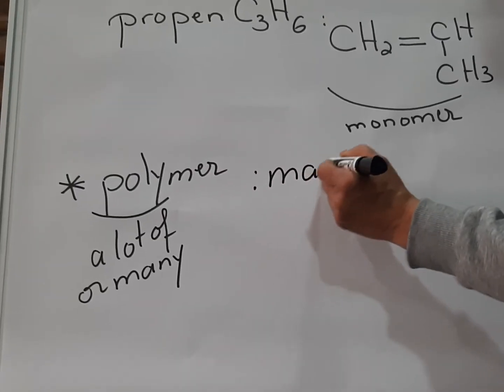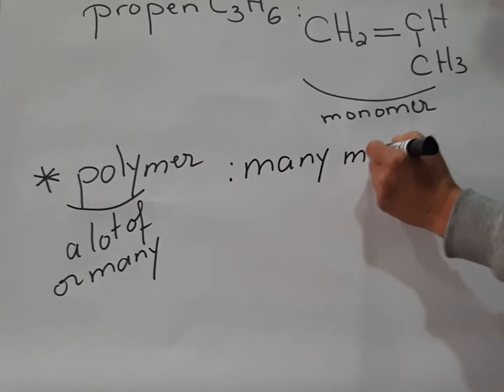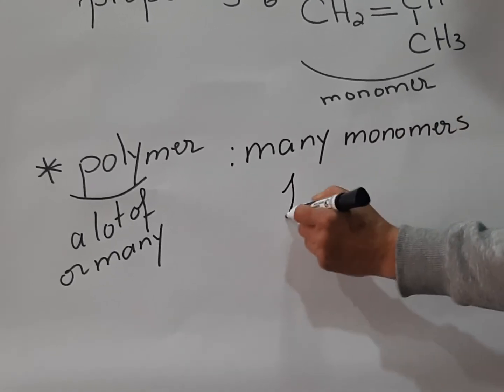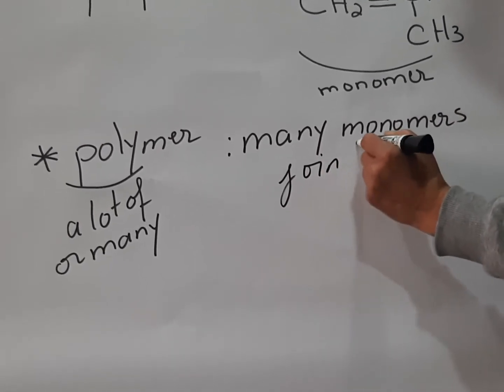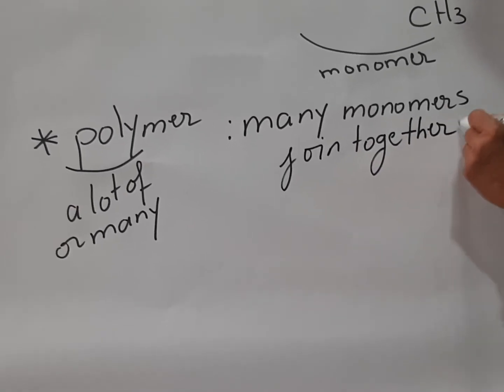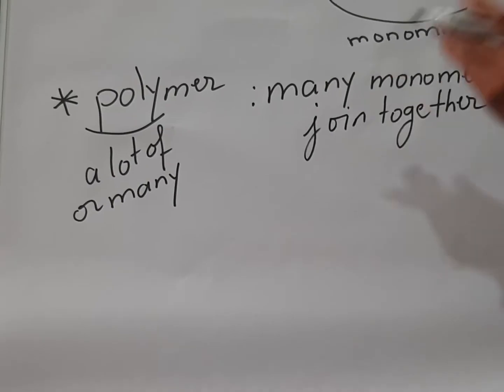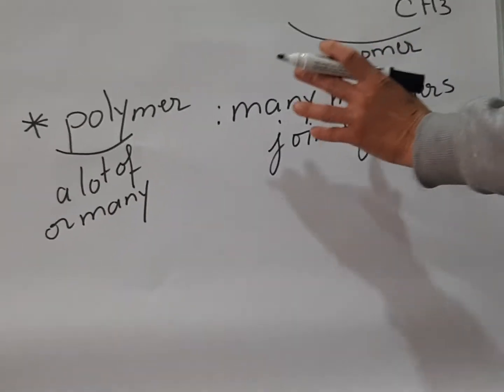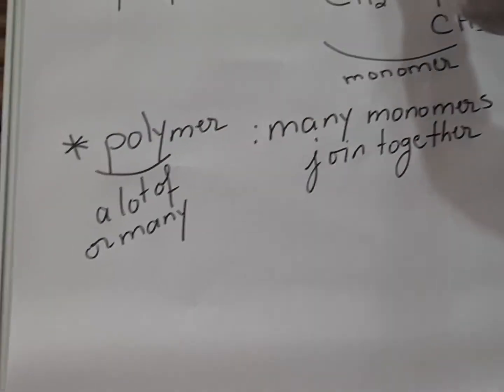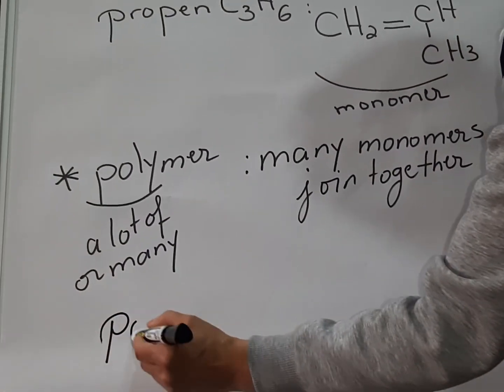So, many monomers joined together. These monomers are joined together through a chemical reaction. The joining of many monomers together to form a polymer is called polymerization.